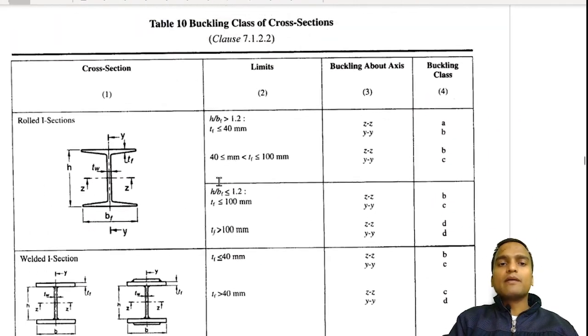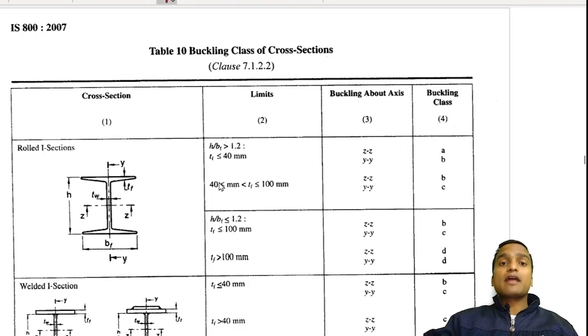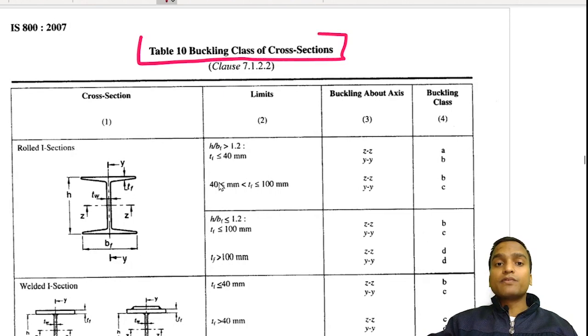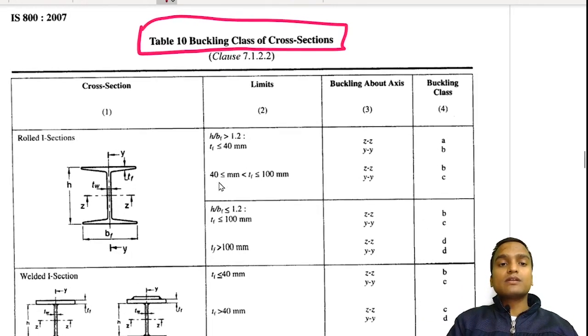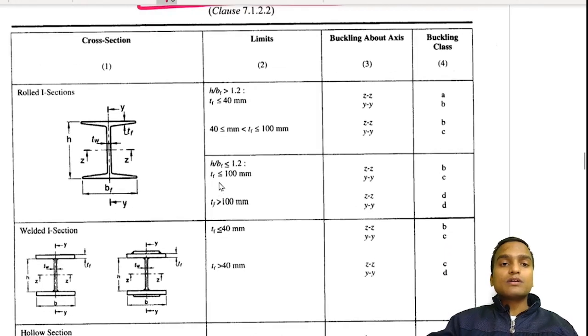Now we come to table number 10, and as I said, this table will give you the buckling class for different types of cross sections. If you see this table, the first column is about the cross section, and you have to check a few limits of the cross section.